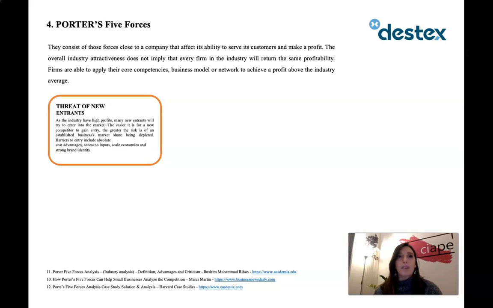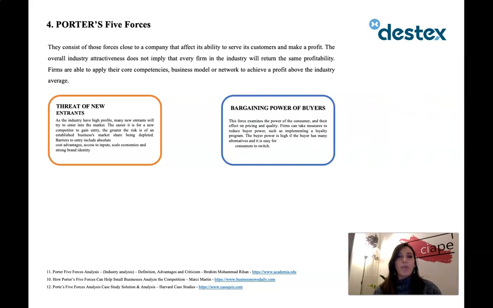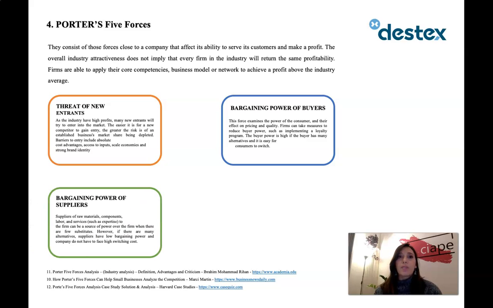The higher the barrier to entry, the lower the risk from new competitors. Bargaining power of buyers: the buyer power is high if consumers can easily switch among different alternatives. Bargaining power of suppliers: if there are many alternatives, suppliers have low bargaining power and companies do not have to face high switching costs.